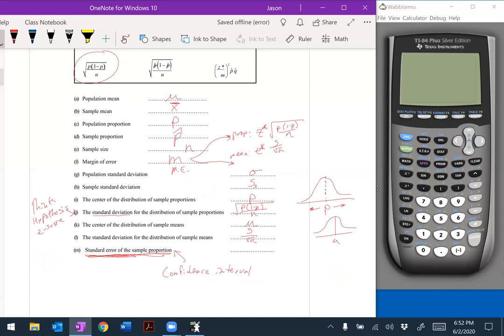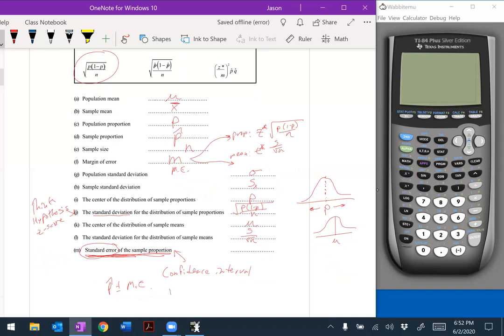For hypothesis test or Z-score, standard deviations go with the normal curve. But for confidence interval, we always talk in terms of the standard error. It's p hat plus or minus the margin of error.